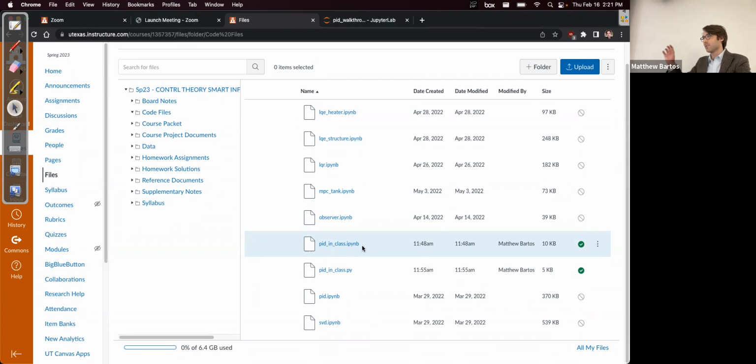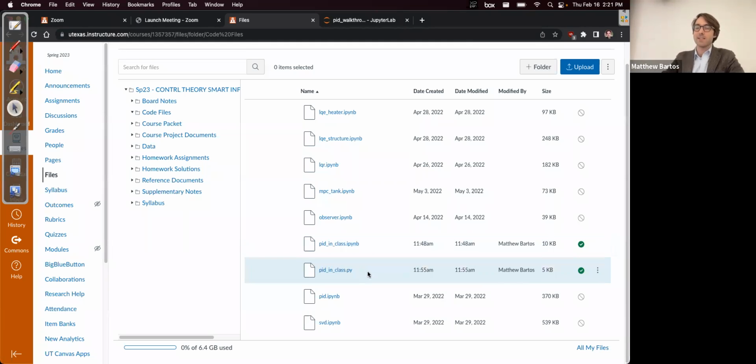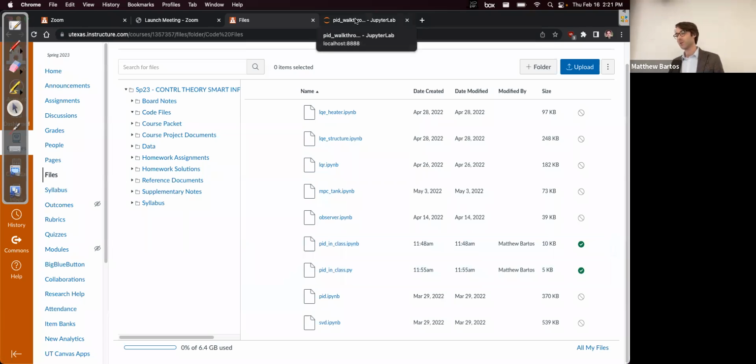I've left some cells blank, so essentially I'll be filling in those cells, and you can follow along with that example in class. I also have a PID in class.py, which is the same thing, just as a Python file. If you're not comfortable with Jupyter notebooks, you can use that code. Are there any questions? This is optional. You don't need to follow along on your own computers, but I would recommend it.